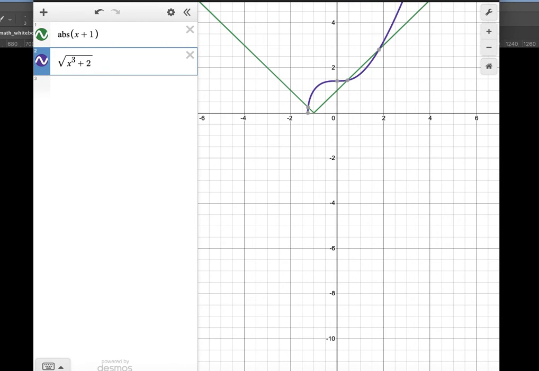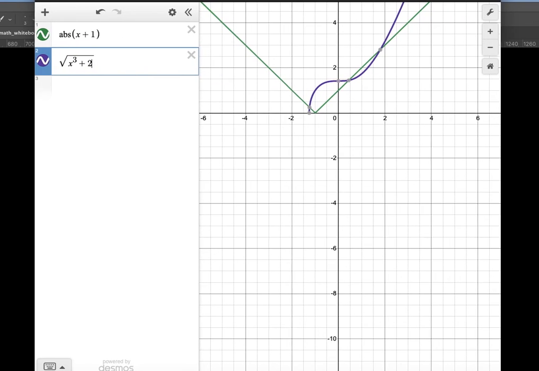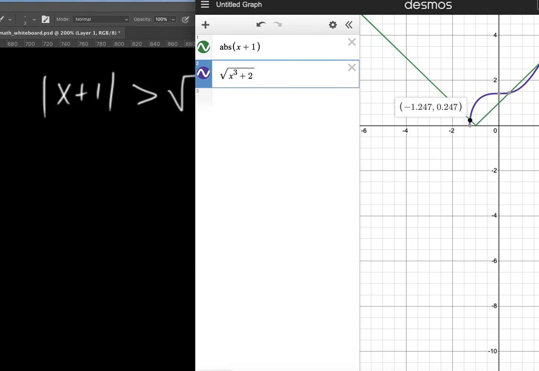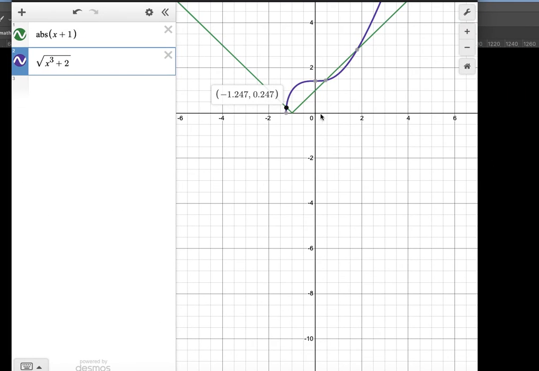Alright, so the original is asking when the green is greater than the purple. So the first thing is when we're to the left of negative 1, let's see, we want the green, so when the green is greater than the purple, yeah.